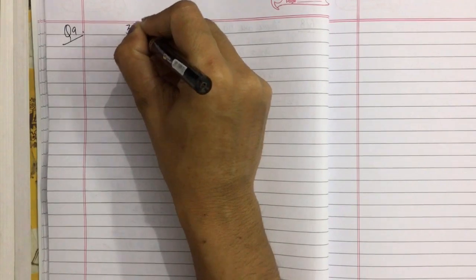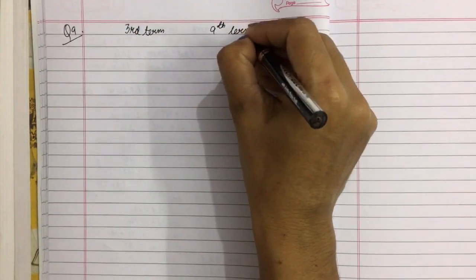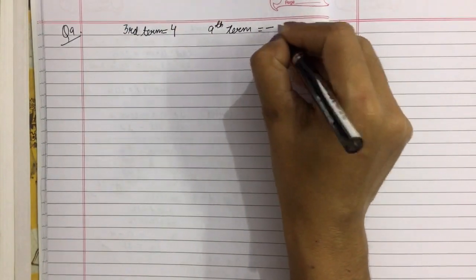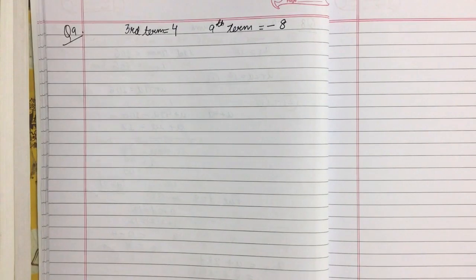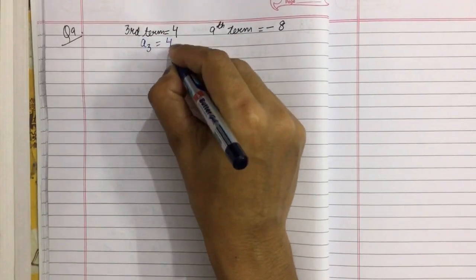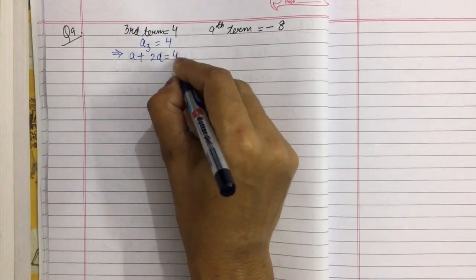We have been given the third and the 9th term. So the third term and the 9th term are given. The third term is 4 and the 9th term is minus 8. I'm going to write this using standard representation. A3 is 4. So this actually means a plus 2d equals to 4.